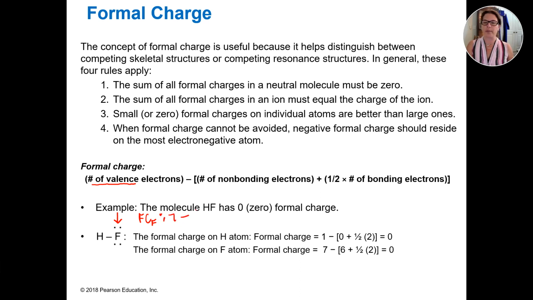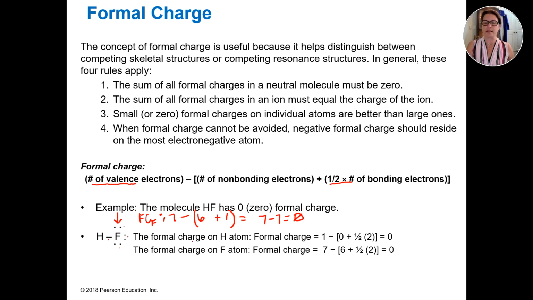I'm going to subtract from it the number of non-bonding electrons, so 2, 4, 6, plus half of the bonding electrons. So there's 2 bonding right there, so half of 2 is 1. So doing this math, I can say 7 minus 7 equals 0. So the formal charge on that fluorine is 0.